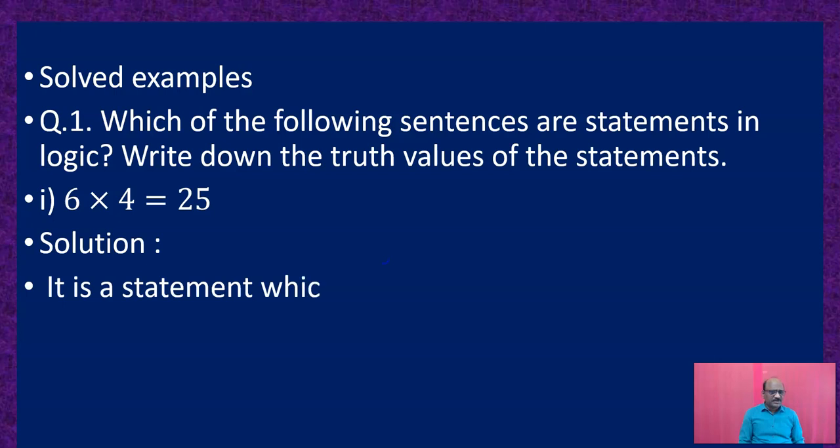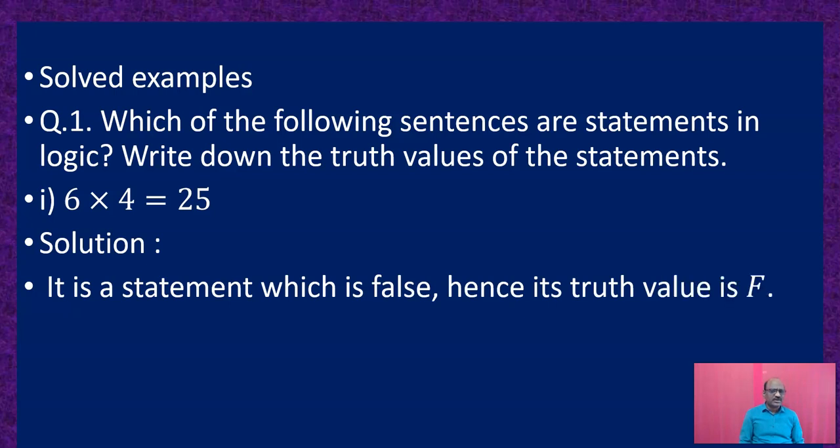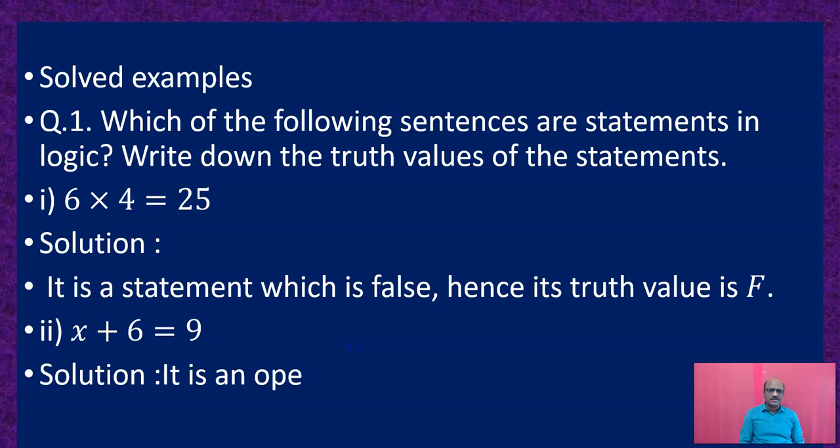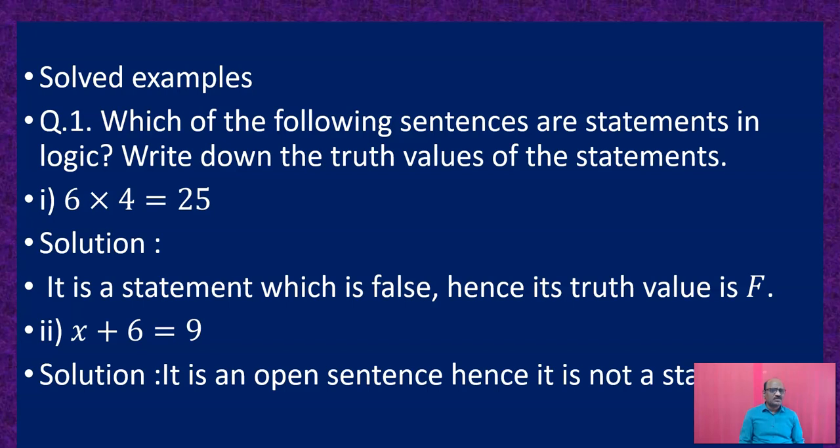It is a statement which is false. 6 into 4 is 24, but here it is 25, and its truth value is F. Second, x plus 6 equals 9. It is an open sentence, hence it is not a statement.